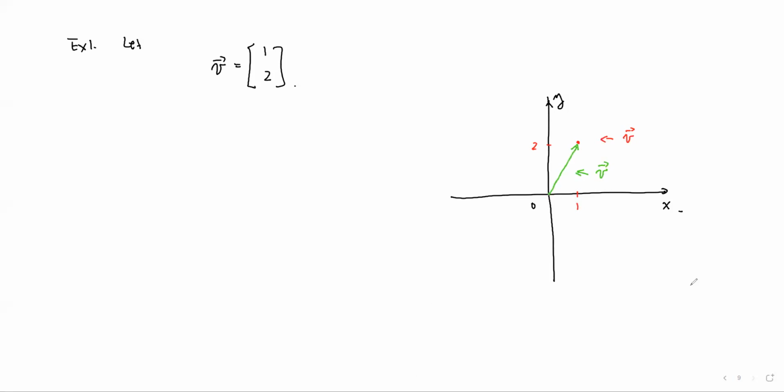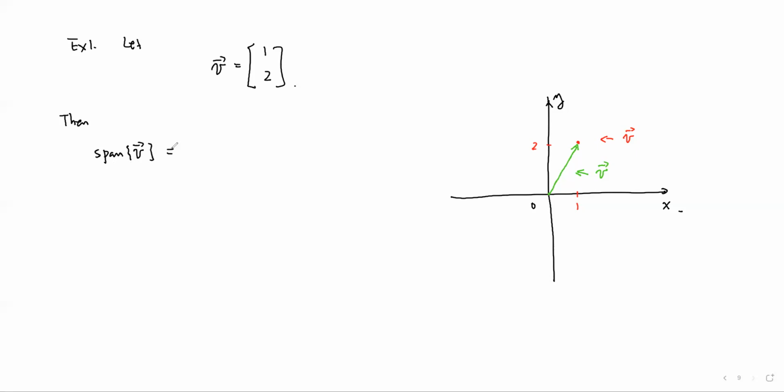Now the question is: what is the set spanned by this vector? You need to go back to the definition. What is span? Span means all the possible linear combinations together.